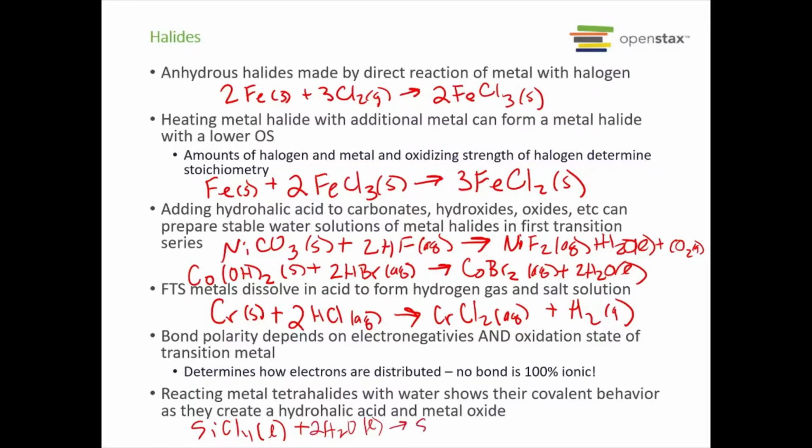We are going to make SiO2. So there's the metal oxide, which is a solid, and hydrochloric acid. So you can see that covalent behavior. If you did this with titanium tetrachloride, it would do the same type of thing and make titanium dioxide and hydrochloric acid.